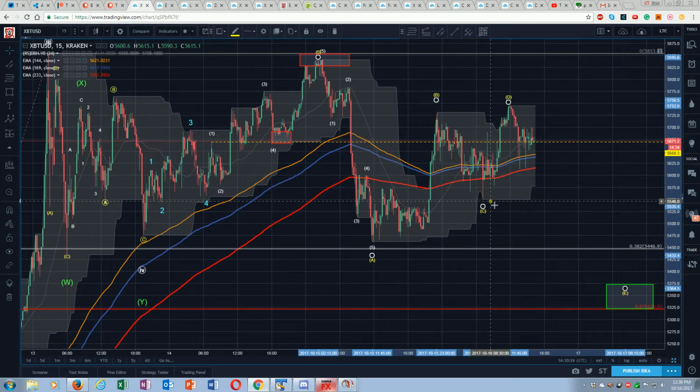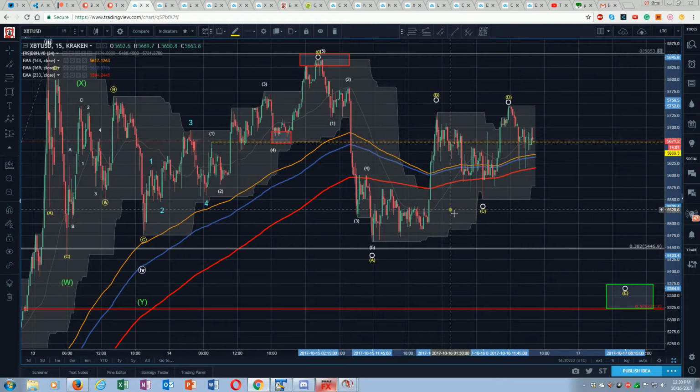Now, another lesson or point to take note of: whenever you're down to these shorter time frames, anything less than an hour, you have to be prepared to constantly be moving your count based on what the market's giving you, because at these time frames you're dealing more with the noise of the market, if you will.